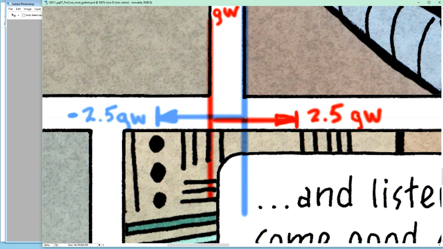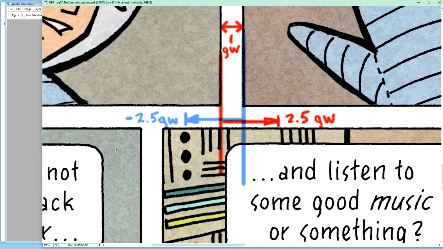And if we want to move to the left, we start from the blue line and count 2.5 gutter widths that way, in the negative direction, so to speak. So the offset is minus 2.5 going left, and plus 2.5 gutter widths in the right direction, in the positive direction.